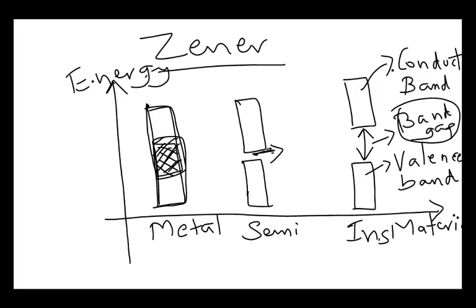In reverse bias, as the barrier potential increases, but before reaching the avalanche breakdown threshold voltage, the voltage could be sufficient for certain electrons to move up from the valence band to the conduction band. So when the voltage is increased, some electrons can move from here to here, and these electrons start moving and cross the barrier.